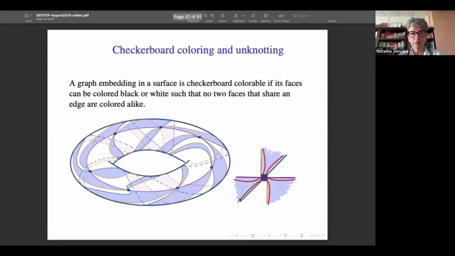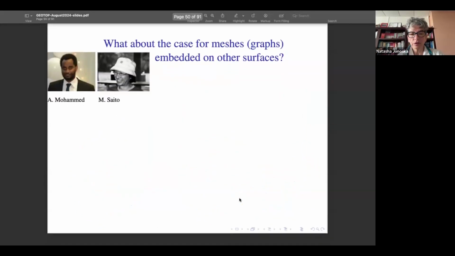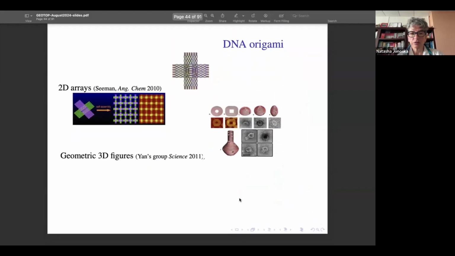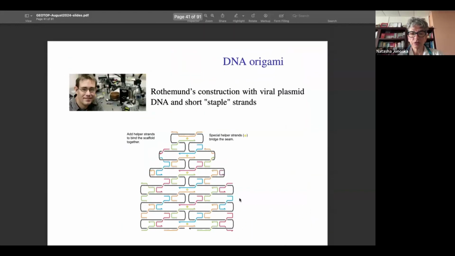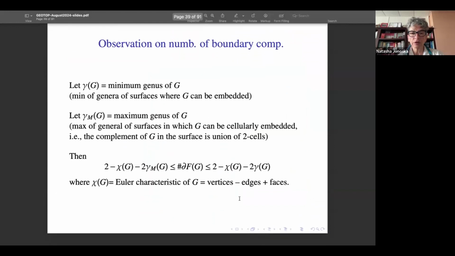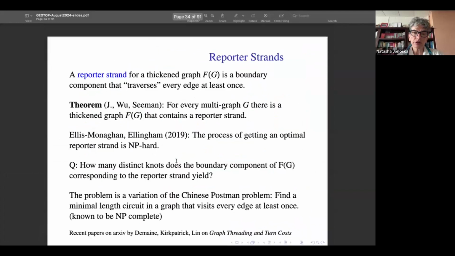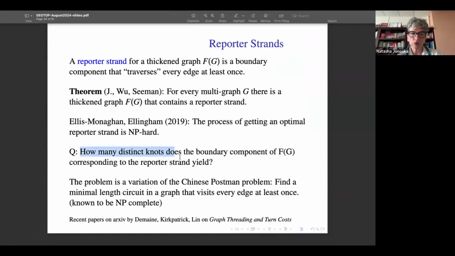No, we have not associated polynomials with this, but that might be interesting. Well, I guess the main question that we still have is, would those polynomials be related to these questions of how many distinct knots a boundary component will actually yield in the reporter strand?